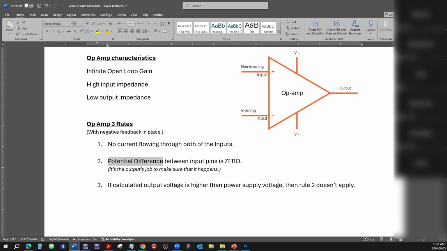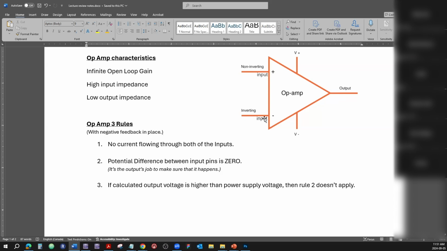It's the output's job to make sure that happens, because this is just a bare op amp, but there's going to be some circuitry connecting the output to the input, called feedback circuitry. The condition is negative feedback. That's the condition, so the rules apply: the output is going to try to make those two equal as far as voltage.